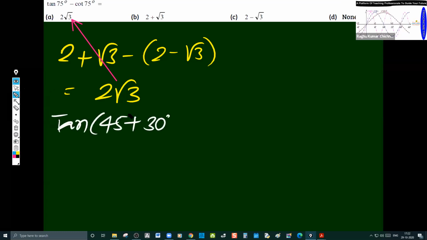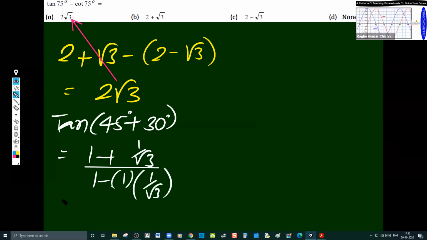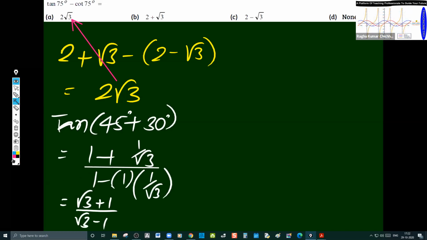Then apply tan of A plus B, tan A plus tan B, whole divided by 1 minus tan A tan B. By rationalizing, you will get the value 2 plus root 3. Similarly, cot 75 can also be found.